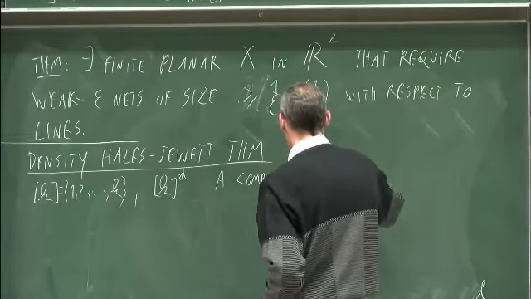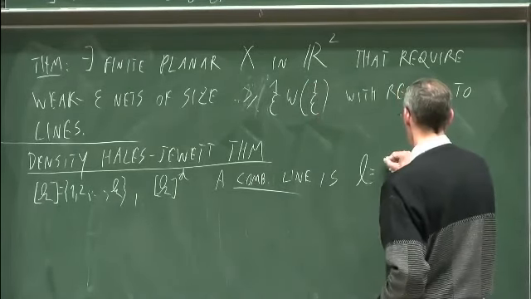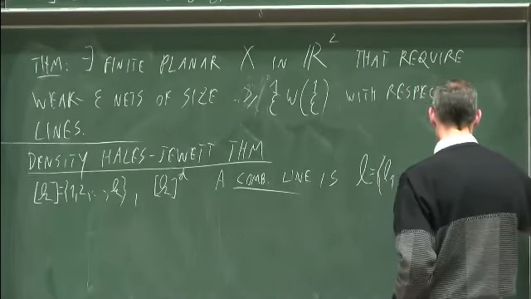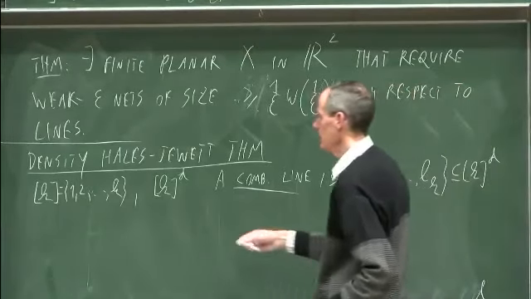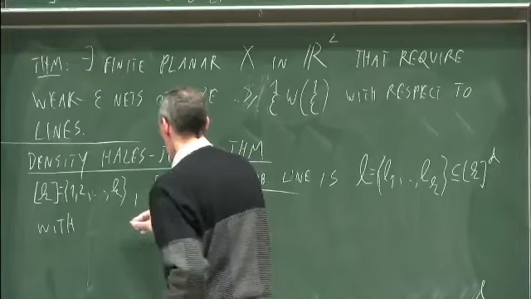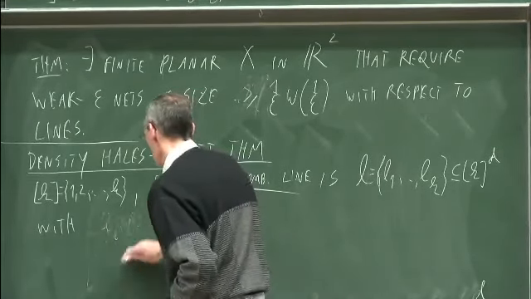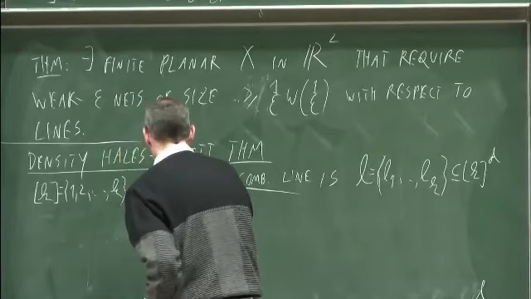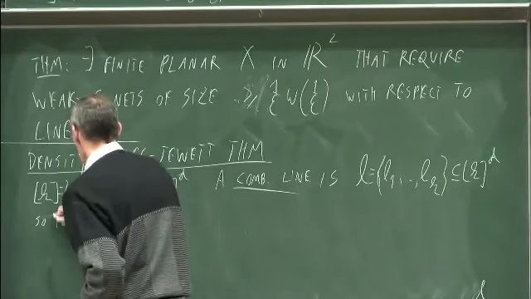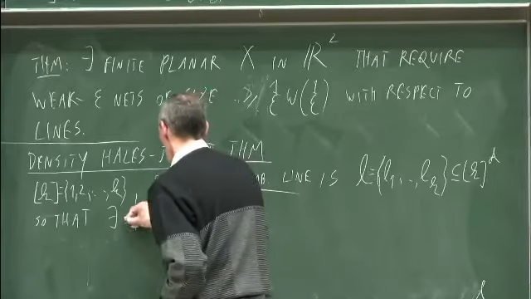A combinatorial line is a set of k points, L_1 up to L_k, which is a subset of [k]^d. I'll write the formula, but I'll show you an example. There is some subset I of the coordinates which is non-empty.